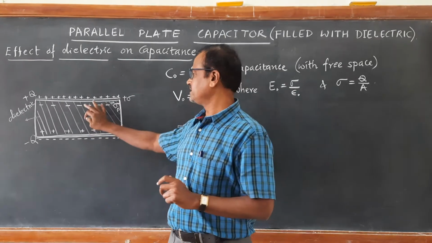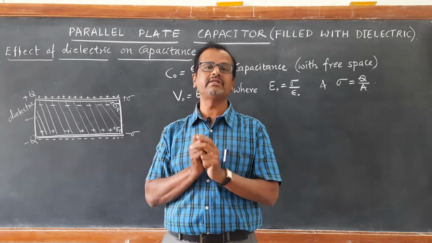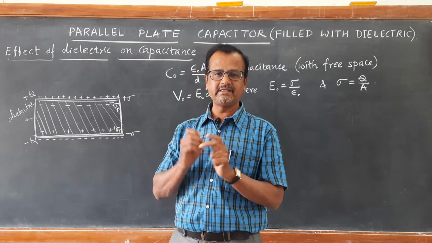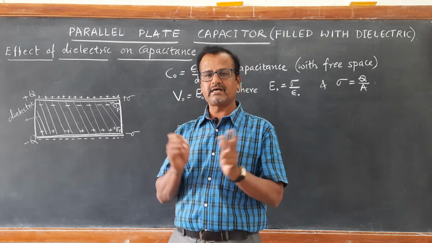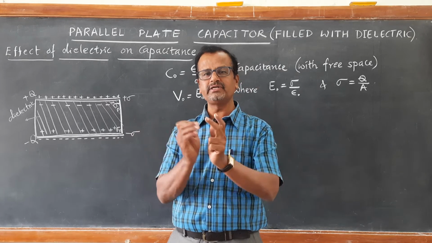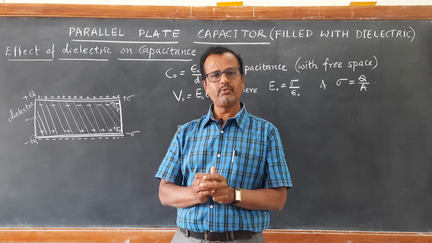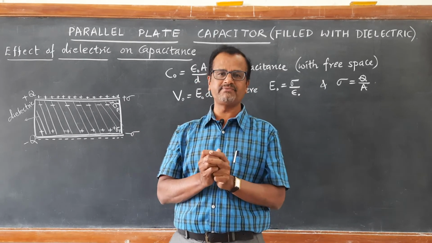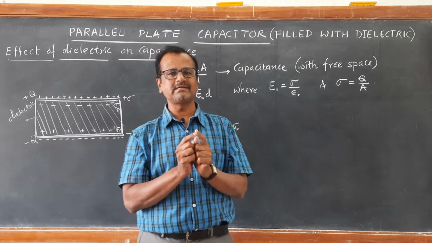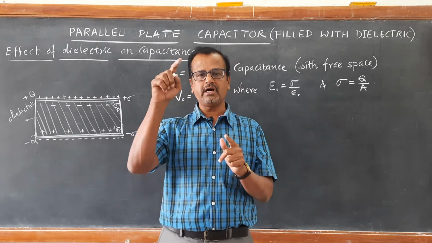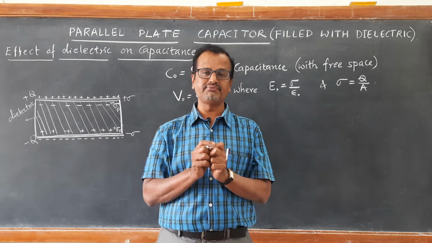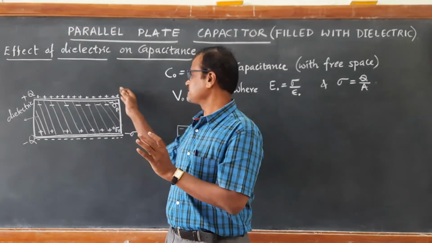So the net effect is a reduction in the electric field. When there is a reduction in electric field, correspondingly there will be a reduction in potential difference. We know that capacitance is equal to the charge by the potential difference. Charge Q remains the same.